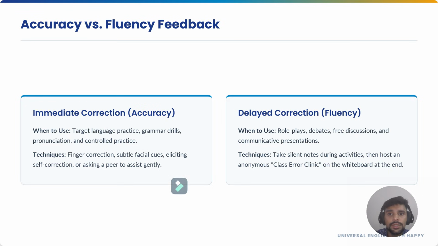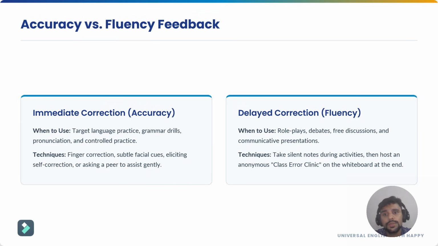Techniques you could use: subtle visual gestures, finger correction, so counting words on your fingers to show missing articles or verbs, or gentle questioning like "past or present?" Here, avoid interrupting harshly.